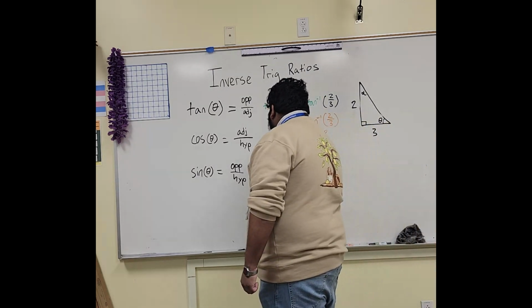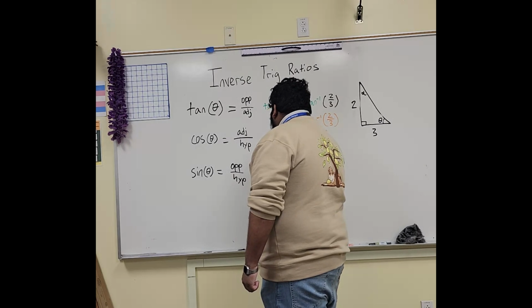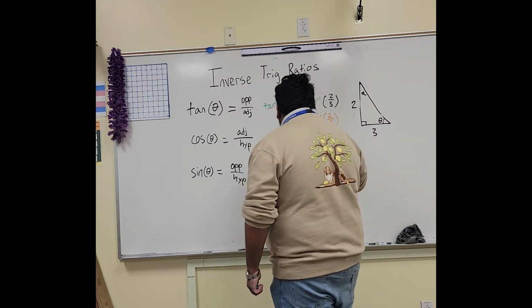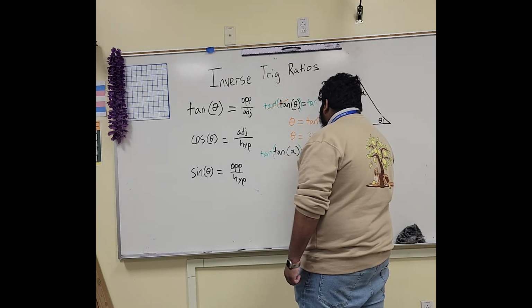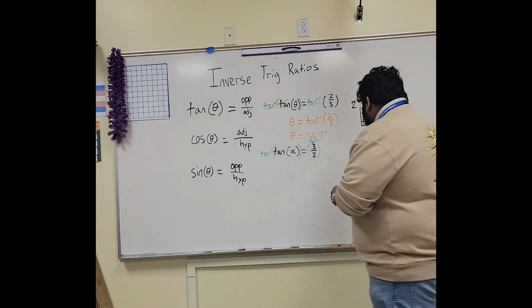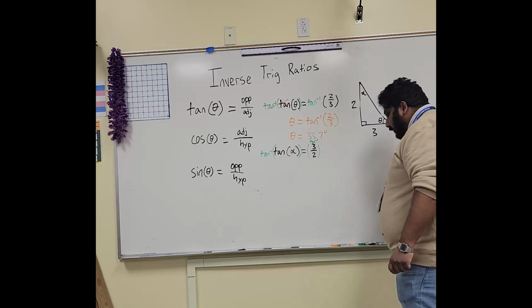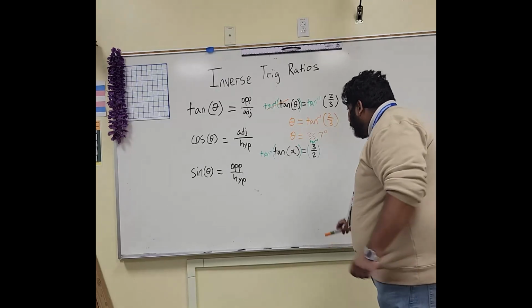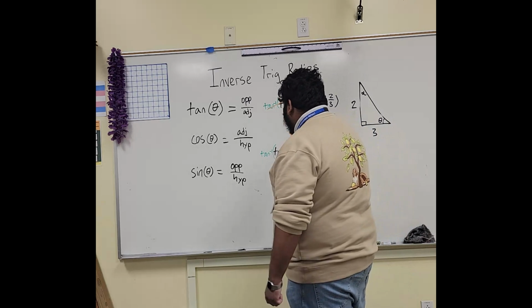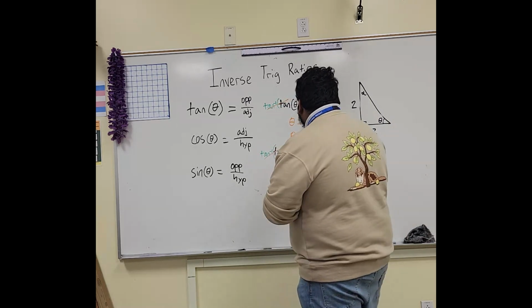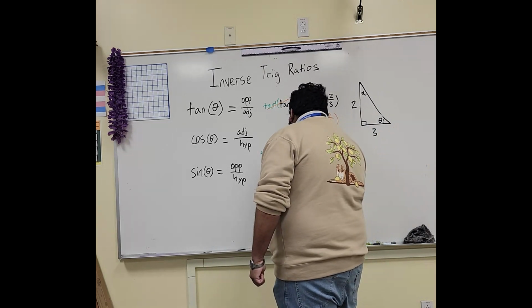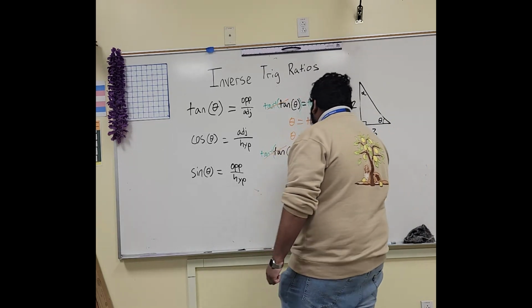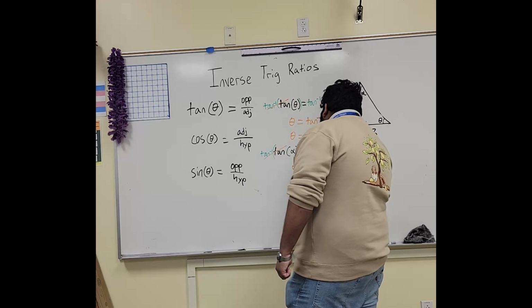We're going to do inverse tangent on both sides, and our tangent and inverse tangent cancel each other out. We're going to be left with alpha is equal to inverse tangent 3 over 2.